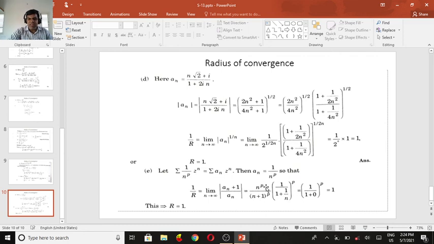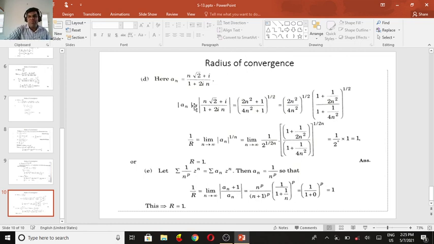Taking n raised to p common, it gets cancelled, and we get 1 divided by (1 plus 0) all raised to p. So 1 divided by 1 raised to p is again 1. So r is equal to 1. This is a finite quantity. Again this series is convergent. These are the examples for the radius of convergence.